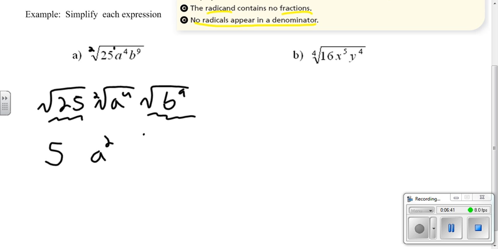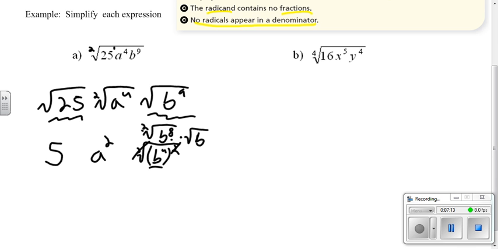Looking at our last piece, though, b to the 9th does not square root very easily. But what we can do is break this up into square root of b to the 8th, times square root of b. In this case, it breaks out much easier, because square root of b to the 8th is 8 over 2, or b to the 4 squared, and when we take the square root, those cancel out, and we're left with b to the 4th.